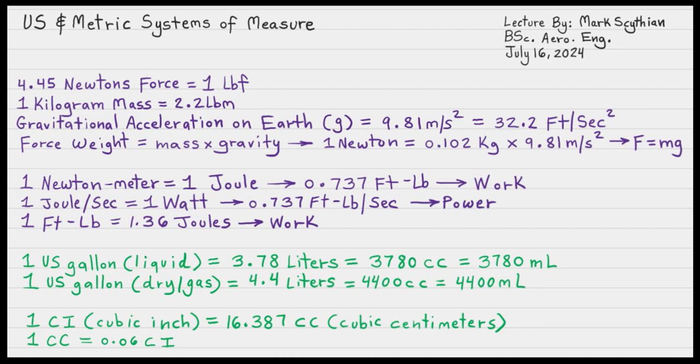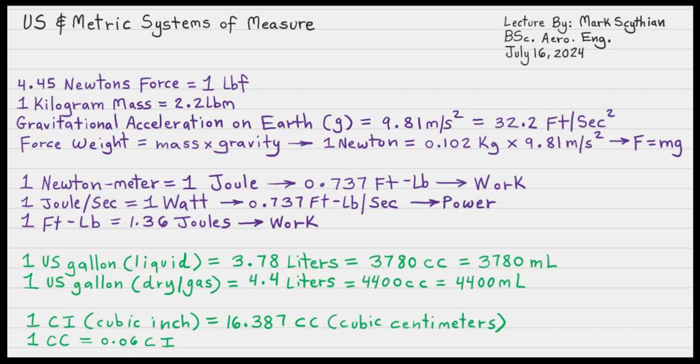Now if we move on to volume, 1 US gallon, we must specify US gallon as a volume of liquid substance is 3.78 liters, or 3780 cc's, or 3780 milliliters. So a cc and a milliliter are synonymous. Now we also have the US gallon volume measurement with respect to dry or gaseous gallons.